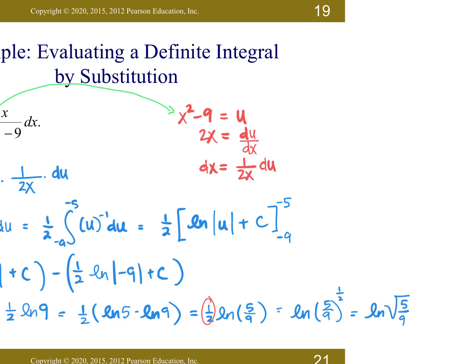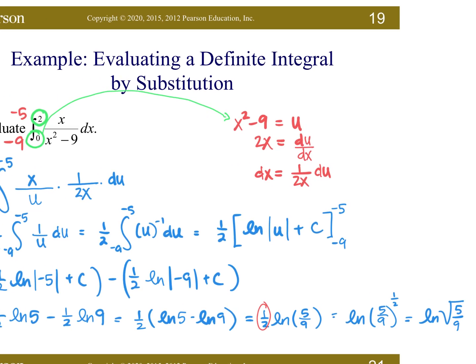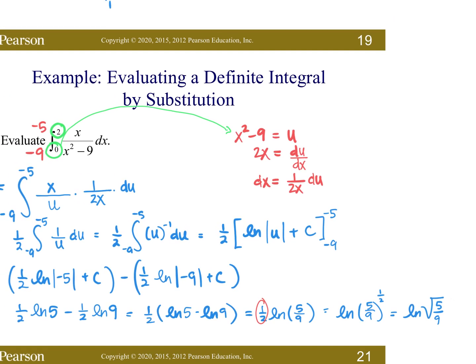I just want you to see all those different equivalent ways to write the answer, because you may write it one way and the back of the book may have it a different way, and they are equivalent and they are the same. All of those are acceptable. Okay, the only time you're really going to have to worry about that is if it's a multiple choice and you got to find which one they wrote their form of their answer in, but those are all the same. Okay, they're all equivalent.